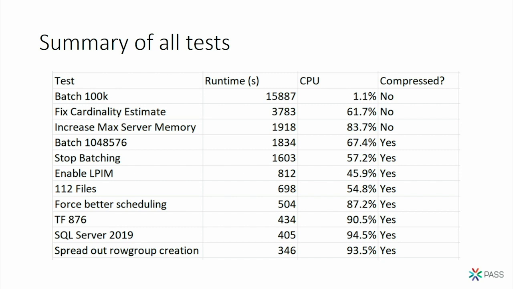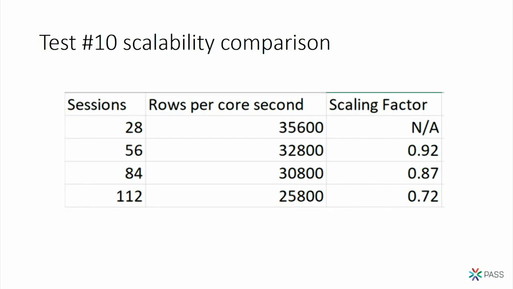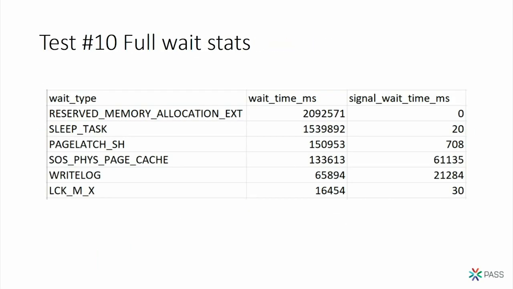The benefit for scalability would be that there's a row group flush lock taken as part of writing the column store row group. I believe that's at the partition level, so you could reduce that bottleneck. Yeah, you see the 16 seconds of LOCK_MX wait, that's that row group flush. So for me, that's not really a problem.